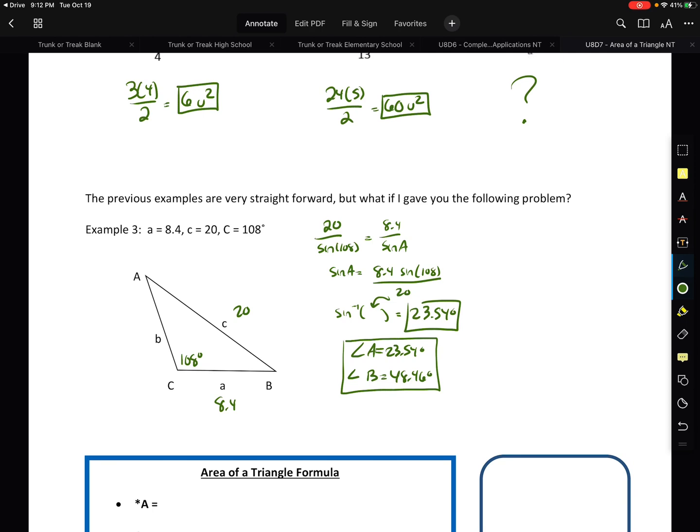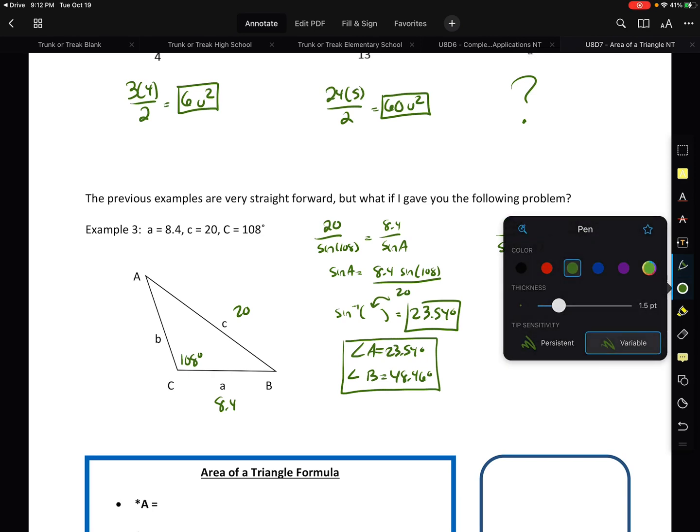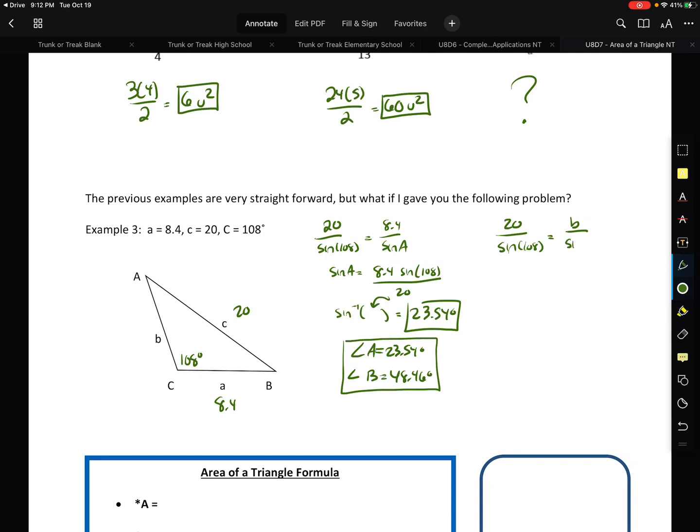I need side B. So for side B, I go 20 over sine 108 equals B over sine 48.46. I'd cross multiply and solve. I get B to be 15.7. All right, so there's all our information.